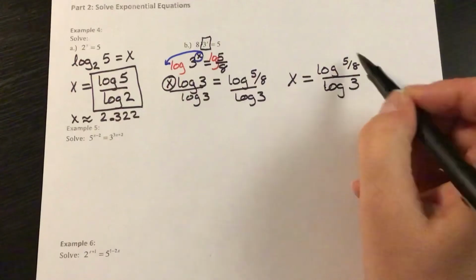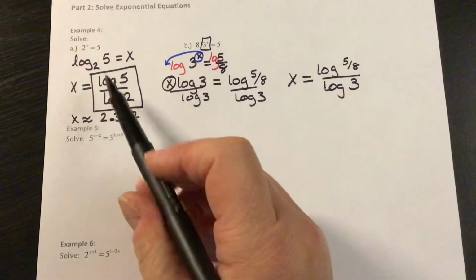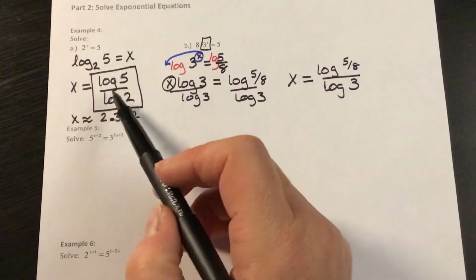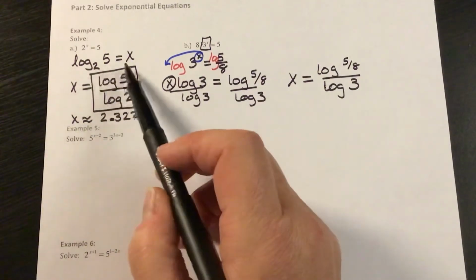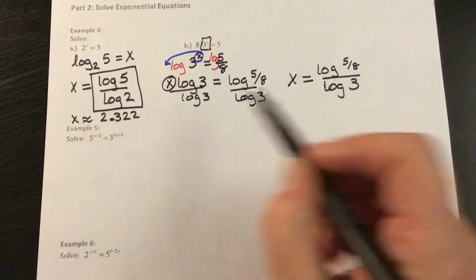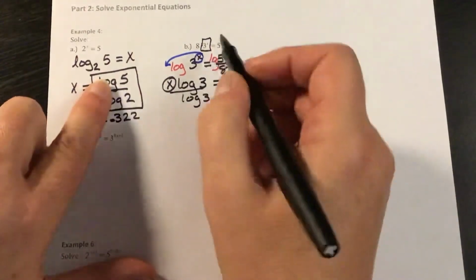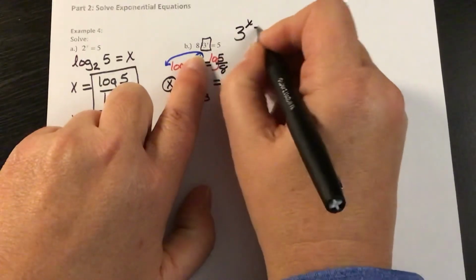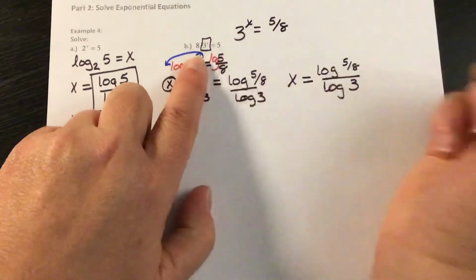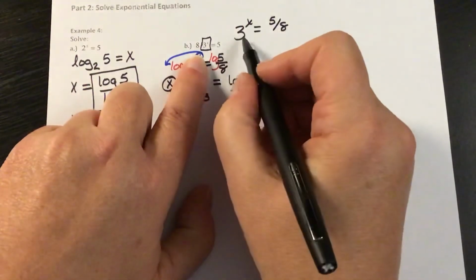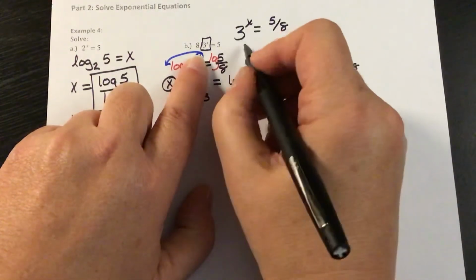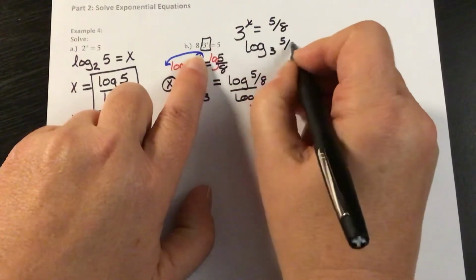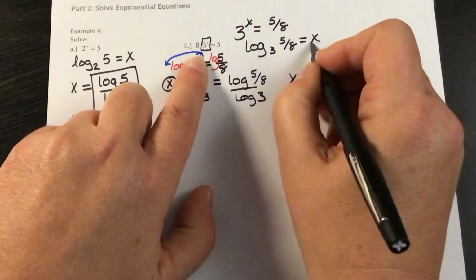Now, this is the same thing as doing the change of base formula, writing it as a logarithm and then doing the change of base, because if I wrote this as a logarithm, I would still have 3 to the x equals 5/8 as my exponential. And if I wrote this as a log, I would have log base 3 of 5/8 equals x.